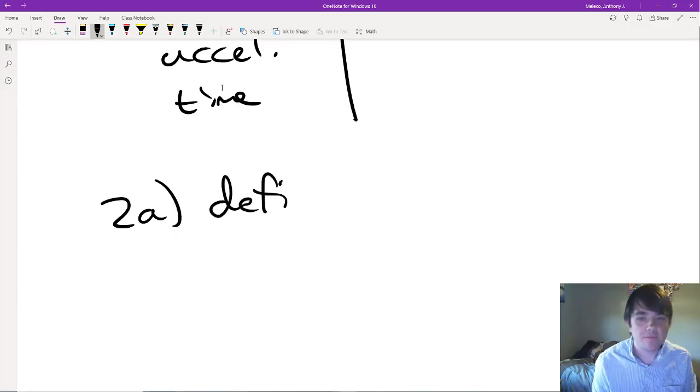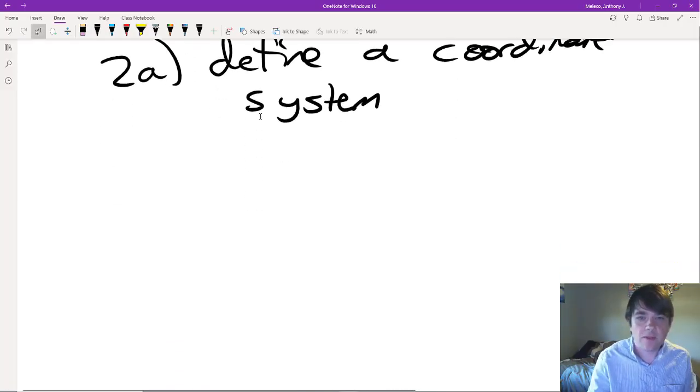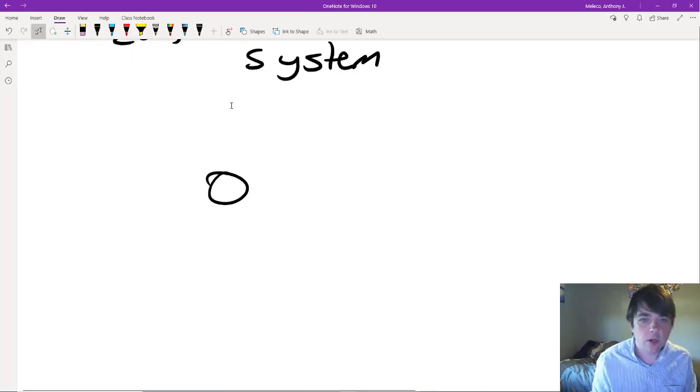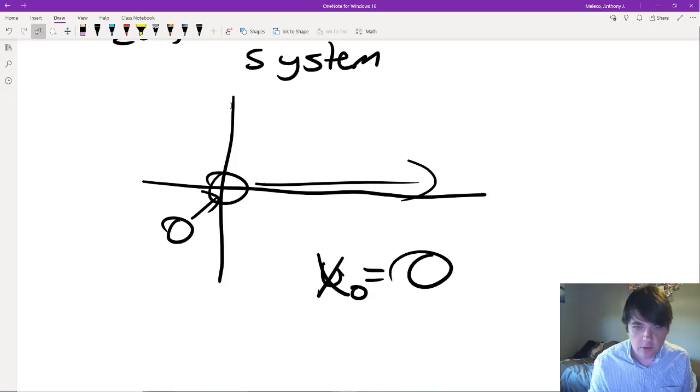The other thing that's a part of this is where you define a coordinate system, okay? What I mean by this is, if you have a ball and you're moving this way, if I set the ball's initial starting place at 0, right? Then that would mean x initial is 0.